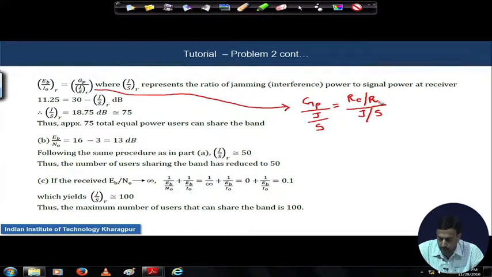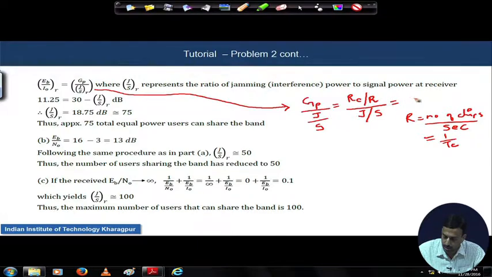So what this basically means is that S can go in the numerator, and Rc is nothing but the chip rate, that is the number of chips per second, or number of chips per unit time. So essentially in the denominator over here, and this we know is also equal to 1 by Tc.